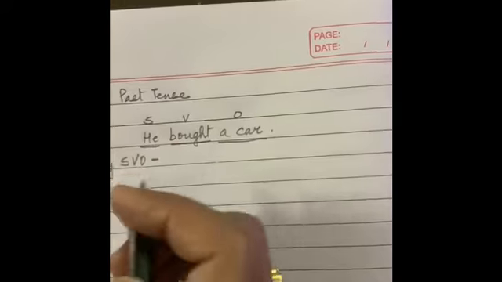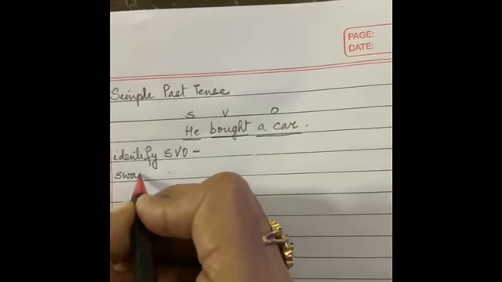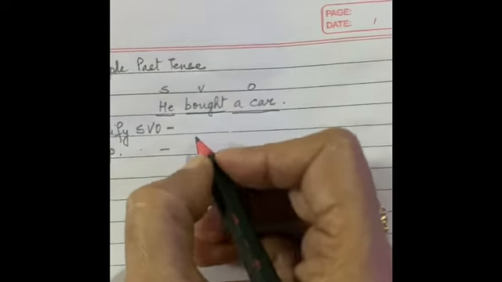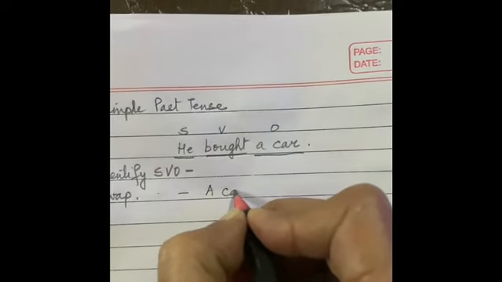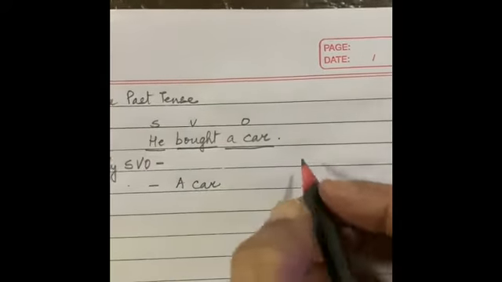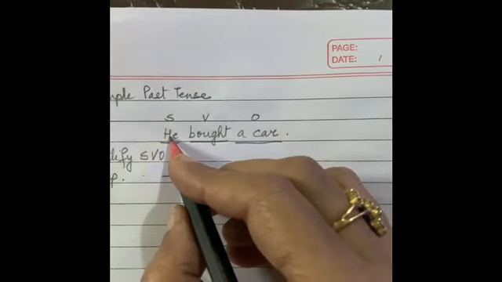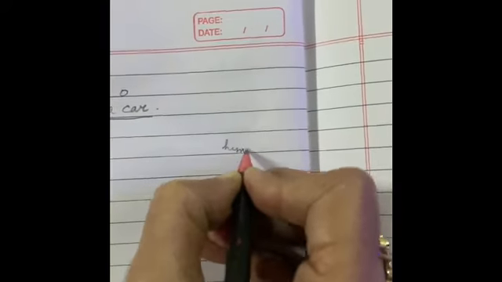Now let's swap the position of the subject and object. Swapping will be done now. A car will be written at this position, and here what will be written? He will be turned into him and it will be written here.